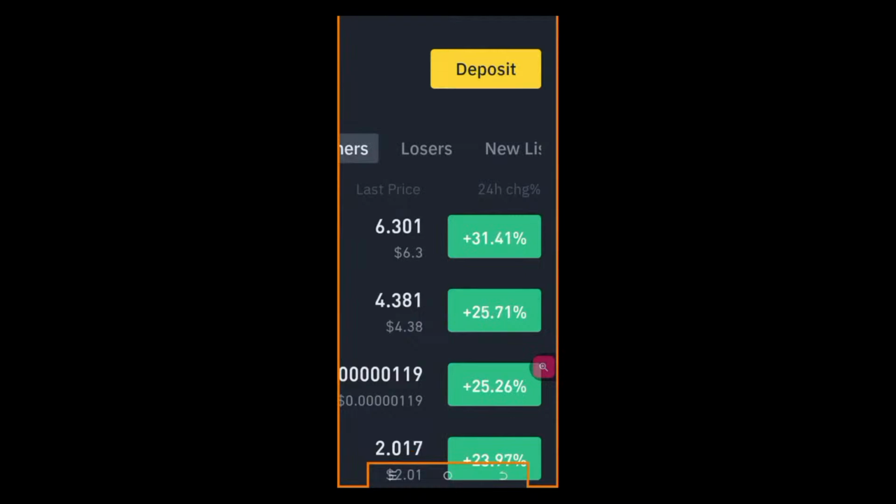It will still be on the rise, but it may not rise as much as 31%. So I need you to understand that when coins are in pump mode, especially really nice ones, 31%, 20%, 15%, anything in the range of 10% and above, it will naturally still keep that rise within the next 24 hours.